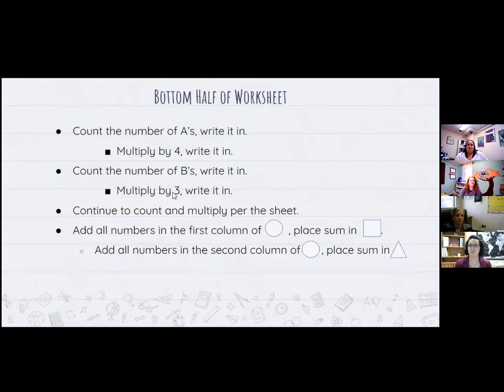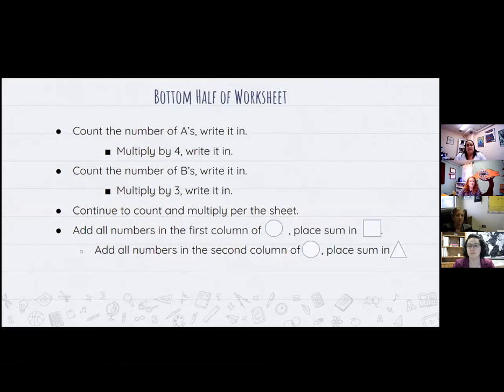All right, the bottom half of your worksheet. What we want to do first is count up the number of A's that we have, and we will write it in. Then we know that A's are worth 4 points, so we will multiply by 4. Next, we'll count up our total number of B's, write it down, and again multiply by 3 because B's are worth 3 points.